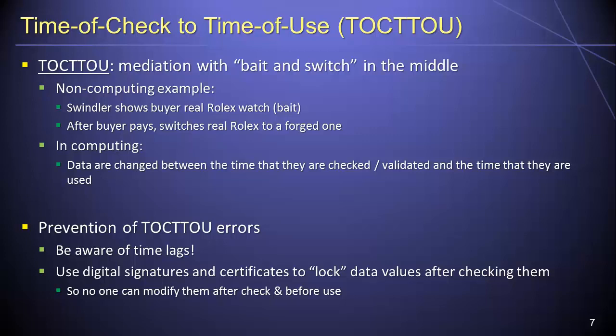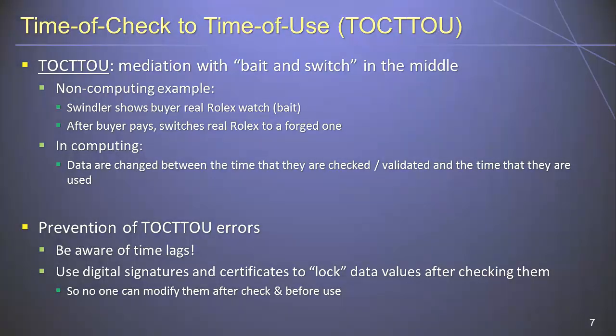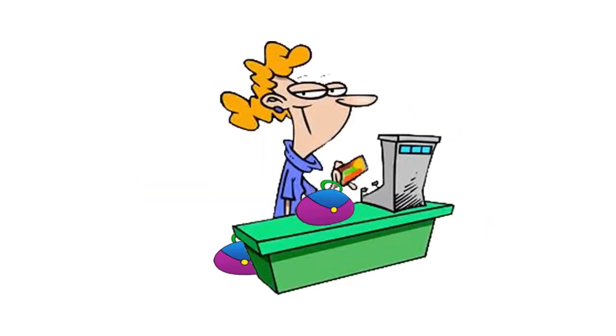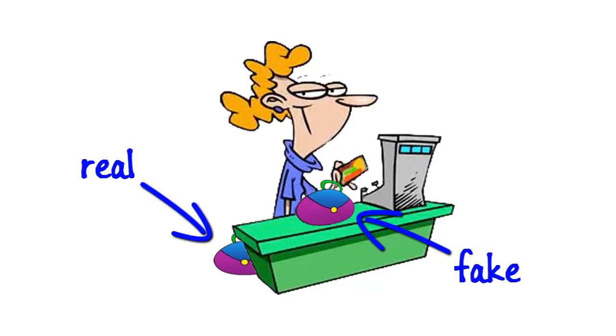As a non-computational example of this vulnerability, imagine that a person is interested in purchasing an expensive item such as a designer handbag or a luxury watch. The salesperson allows the buyer to examine a real designer handbag or a real luxury watch, and when the buyer pays for the item, the salesperson surreptitiously switches the real designer handbag or luxury watch for one that is fake.